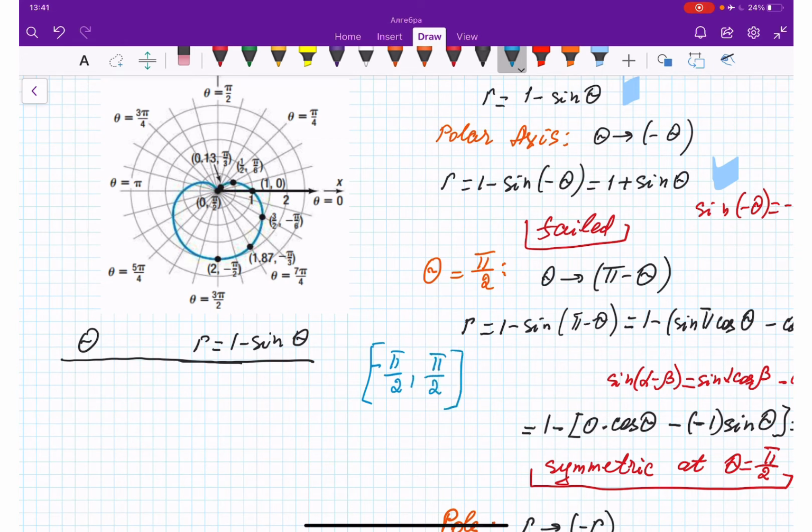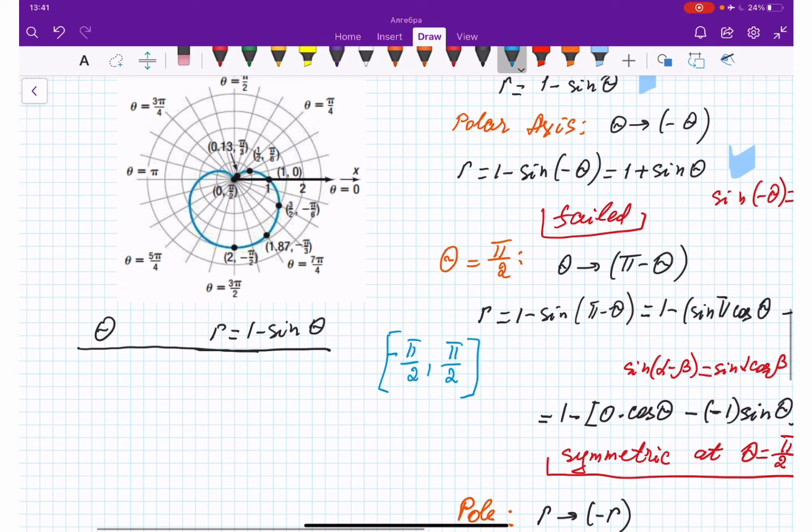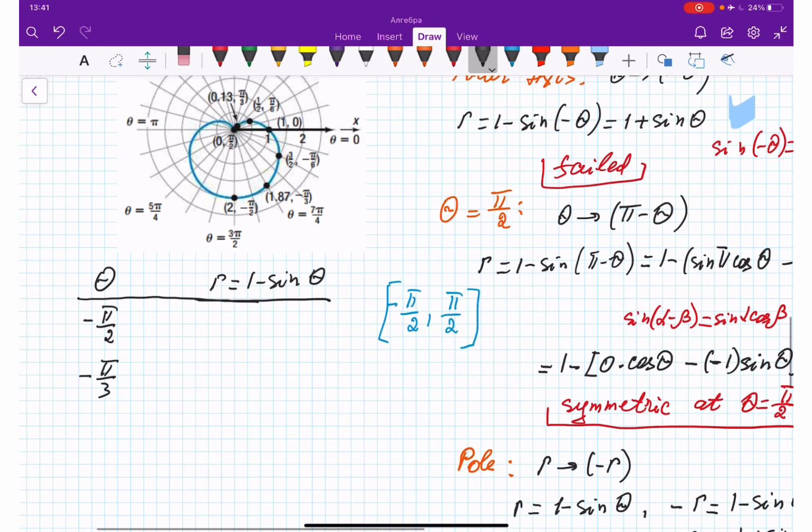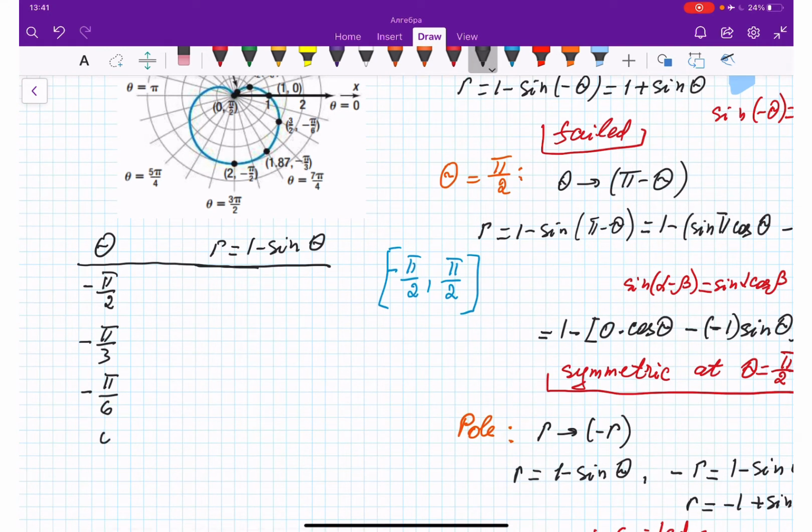All right, well, let's see. I'm going to use well-known angles: negative half a pi, and then negative pi over 3, which is negative 60 degrees, negative pi over 6, which is negative 30 degrees, and then 0.